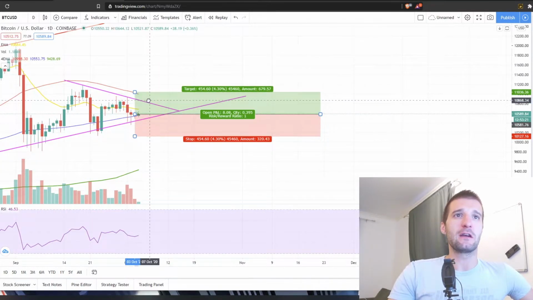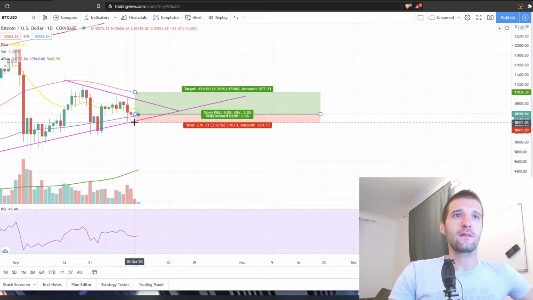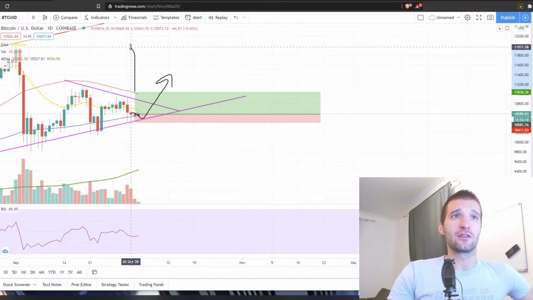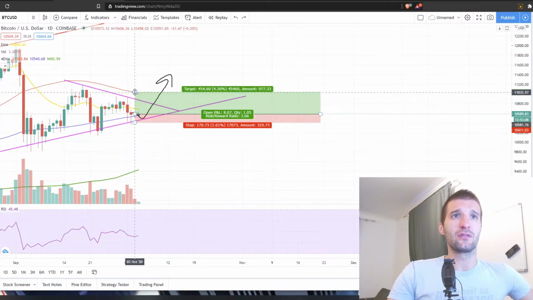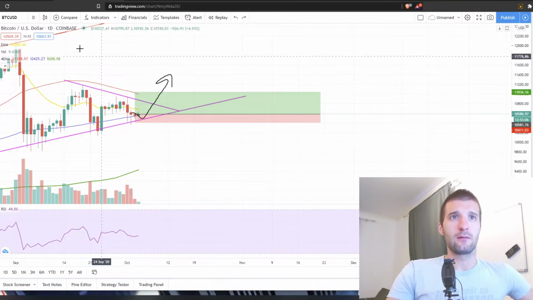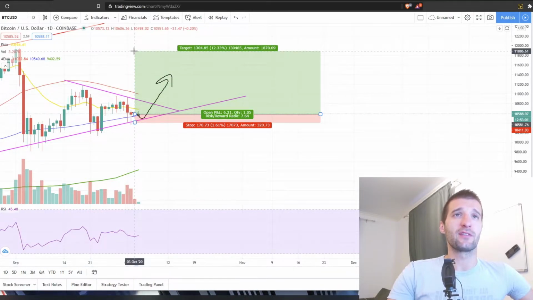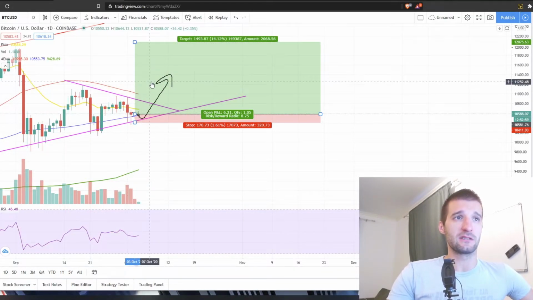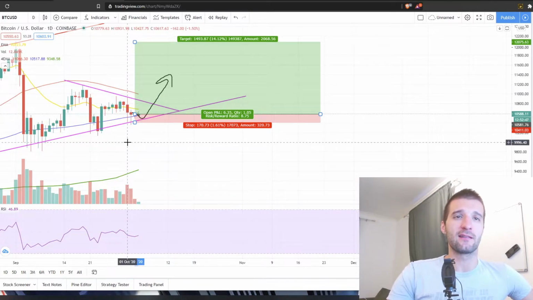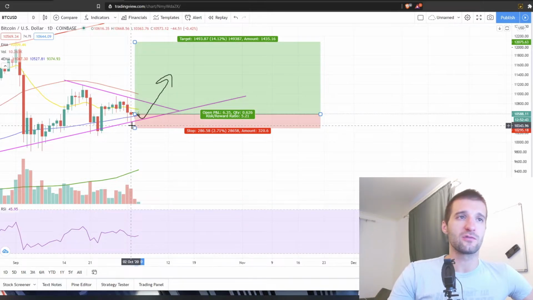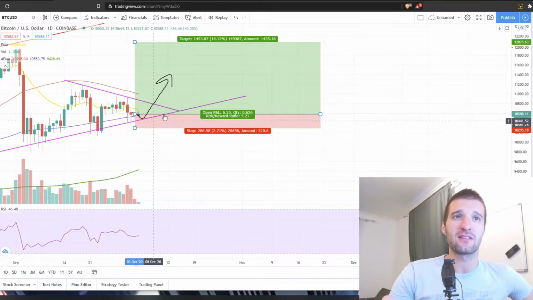If you enter over here, for example, then the stop loss could be 1.61%, which is a pretty good risk reward ratio. So if Bitcoin breaks to the upside, you can just pull this to the upside. You will have 12% or something, depending where you want to get out, for just 1 to 2% in the stop loss, or you can even extend it a little bit more, and you will have a conservative 2 to 2.5%, depending how you want to trade this.